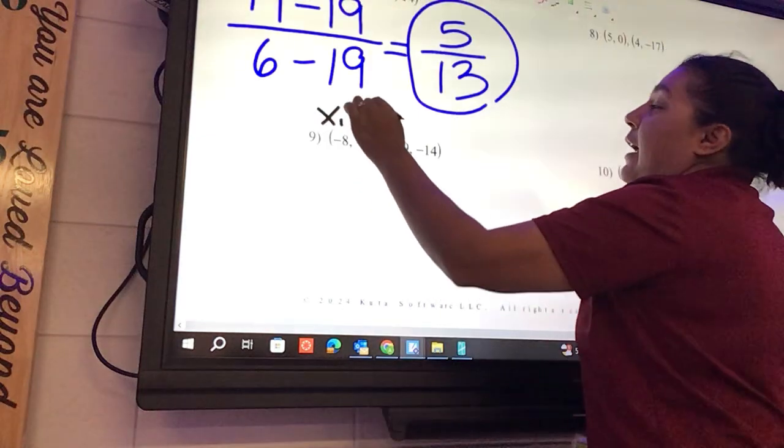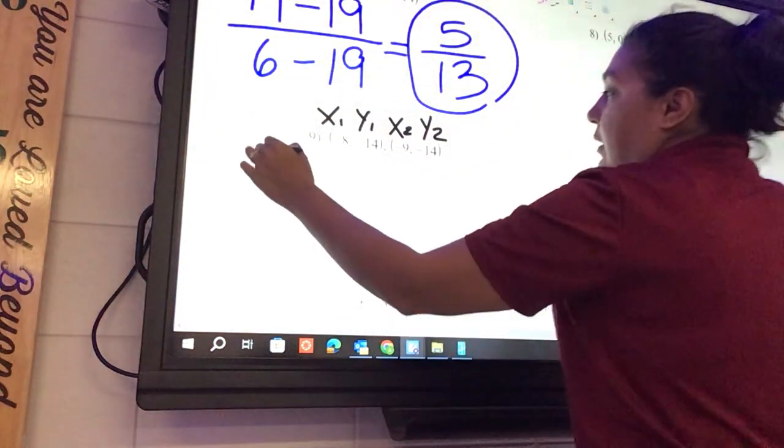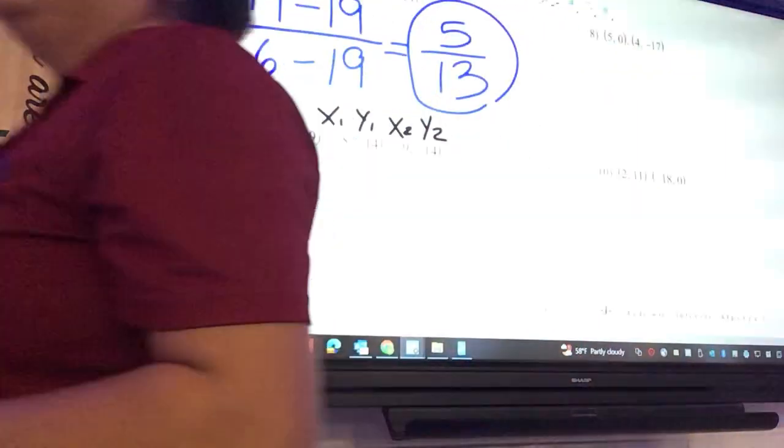Number 9, x1, y1, x2, y2. There's a lot of negatives on this one, so be careful.